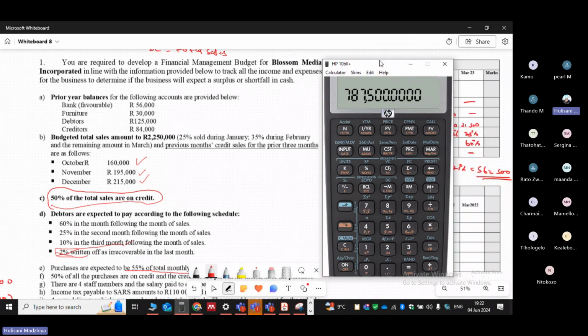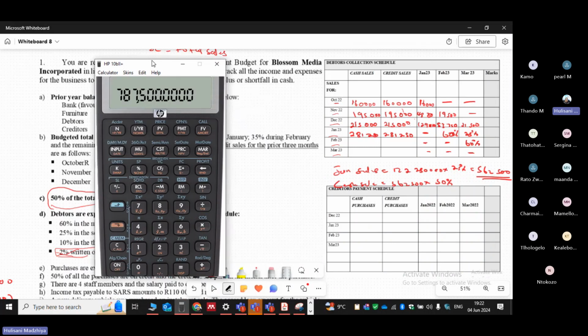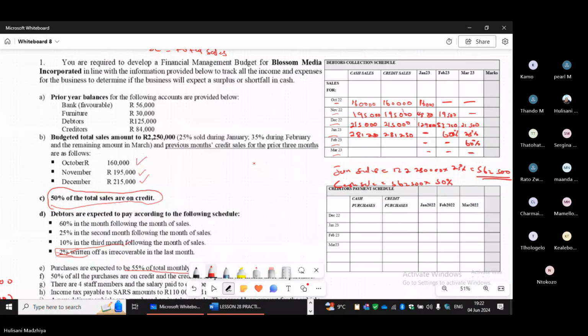This will give you 787,500. Then you just divide this by 2, which gives you the cash sales and the credit sales, or multiply it by 50%.